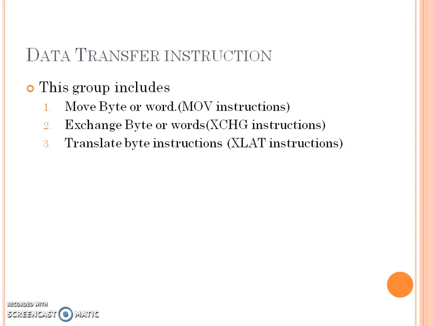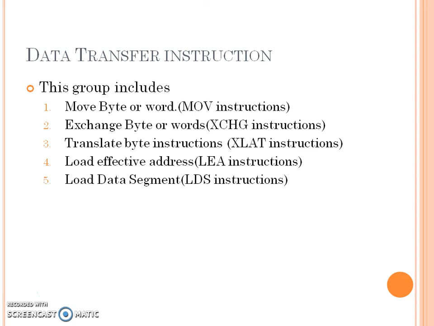Third, translating a byte, the XLAT instruction. Next, load effective address, load data segment, and the last one is load extra segment. We also have some other instructions. We will see them in due course of time.